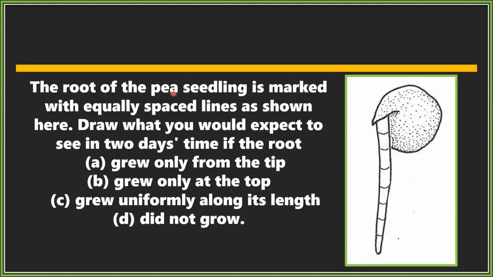The root of a pea seedling is marked with equally spaced lines as shown here. You can see the lines.